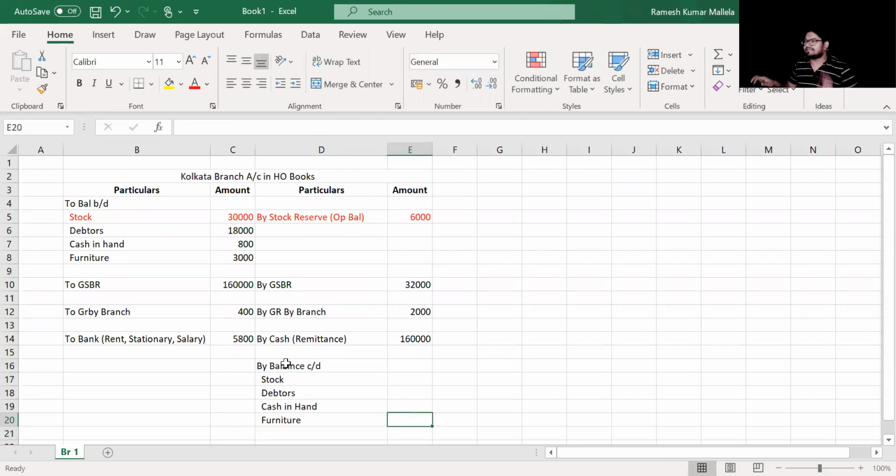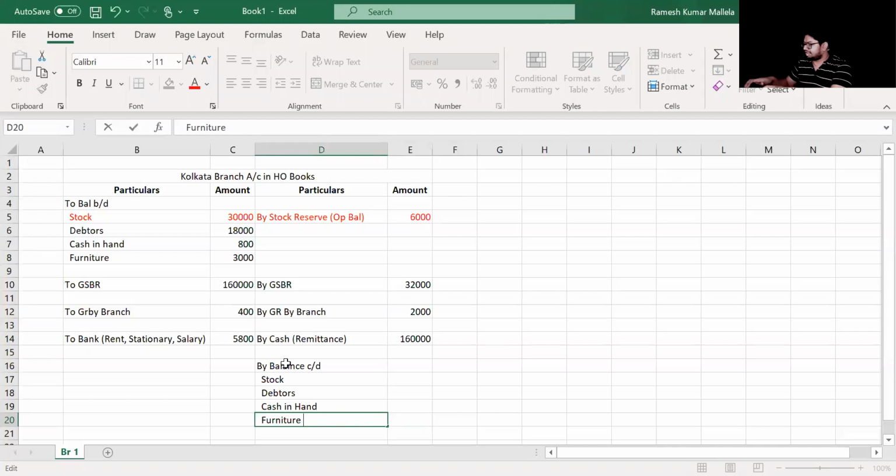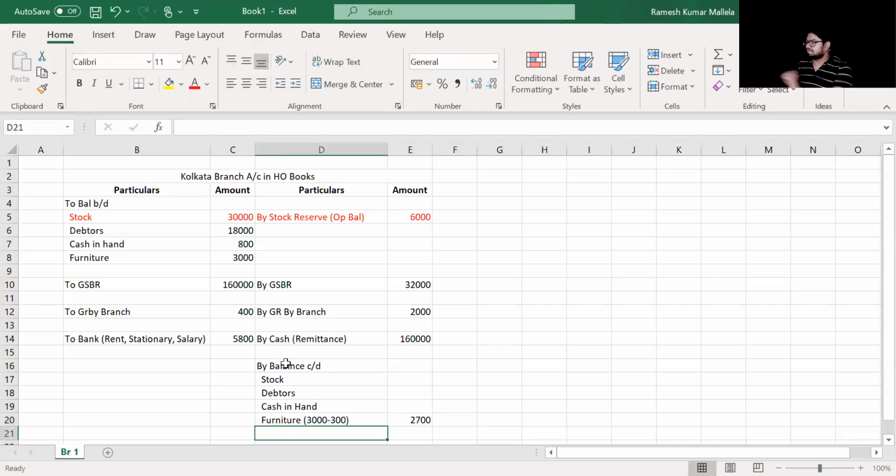Furniture first I'll directly take. He says it is 10% on opening balance I'm supposed to take. So it is going to be 3,000 minus 300 rupees, which is 10%. That is 2,700 is furniture.